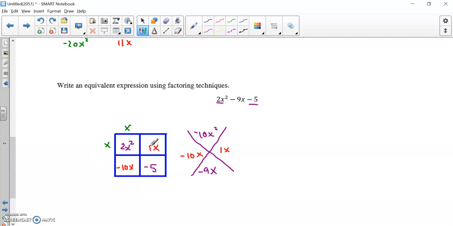You would need a decimal. But if I put it here, it works because 2 goes into negative 10 just fine. 2 times negative 5 gets us negative 10, so negative 5 times 2x is what we need there. And then x times what is 1x? It's just going to be 1. So when we factored it, we got 2x plus 1 and x minus 5.